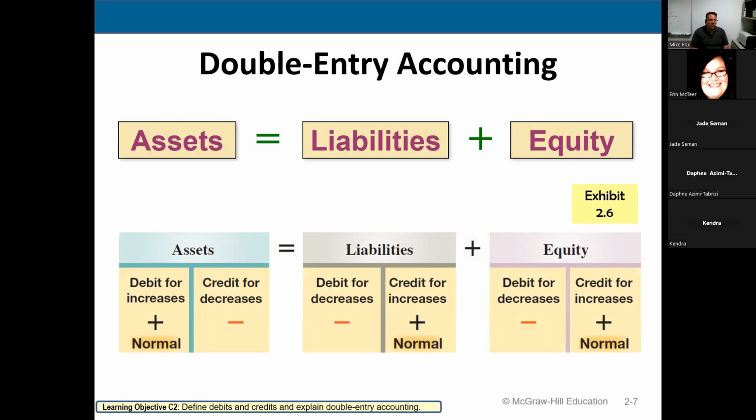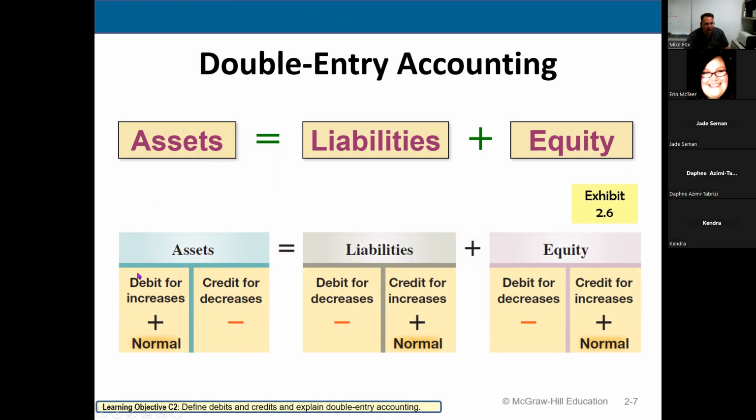Again, I know this is review for many of you. It's easy to remember if you remember the basic accounting equation, that assets equal liabilities plus equity. So asset accounts are increased with a debit, decreased with a credit, and then liability and equity are the opposite. I just remember that because they're on the other side of the equal sign, they act opposite to how assets do.